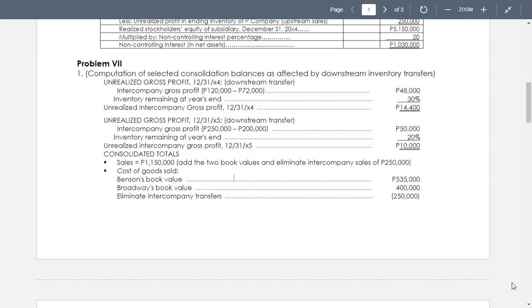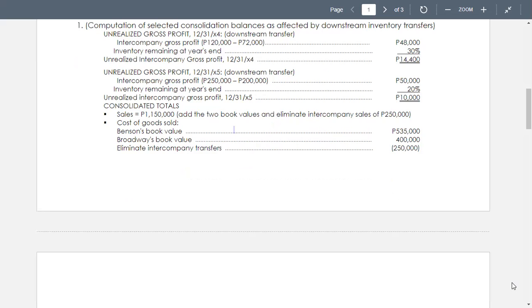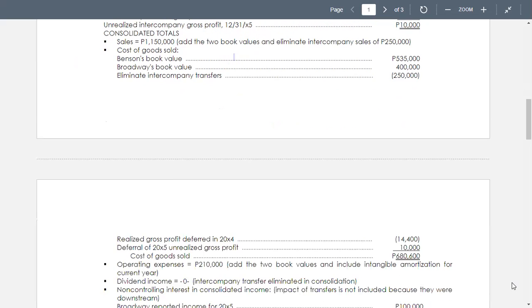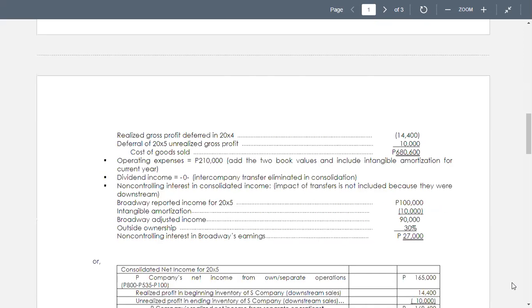Book value. And in the book of BW, it's 400,000. BW, not Broadway. And we have to eliminate intercompany transfers in the amount of 250,000. Now, we are talking this time of cost of goods sold.